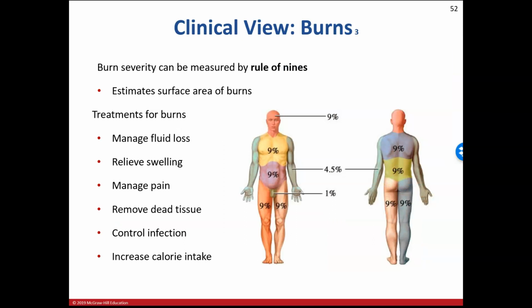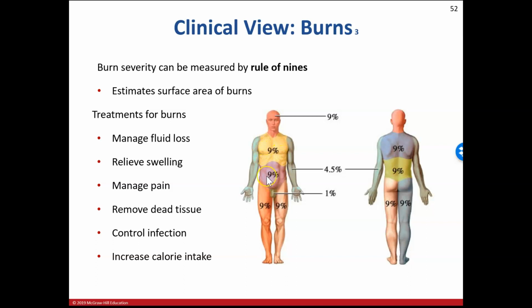And we can measure the burn severity of an individual based on the rule of nines. This is an estimate of the surface area of burns. So basically in different regions of the body, we have divided them up to 9%. So the entire head and neck, anterior and posterior together, is 9%. The anterior chest is 9%.